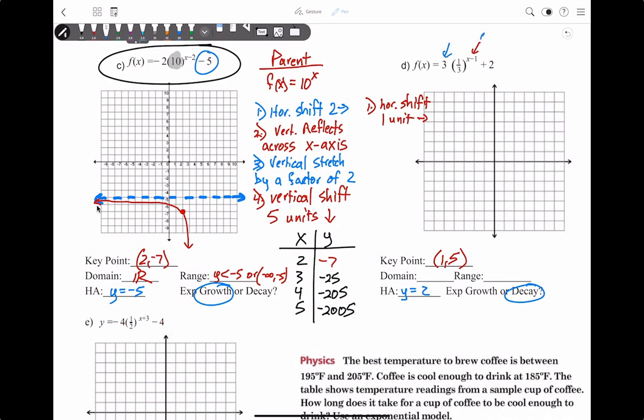So again, this was the C, this is going to be the A, whoops, and this last one will be the D. So our A value is going to be a vertical stretch by a factor of 3. And then last but not least, our D value of plus 2 is showing a vertical shift 2 units up. Follow the rule because it's not with the x.